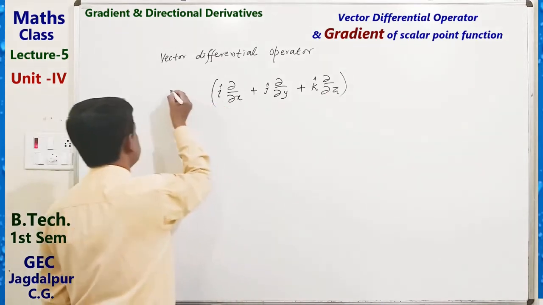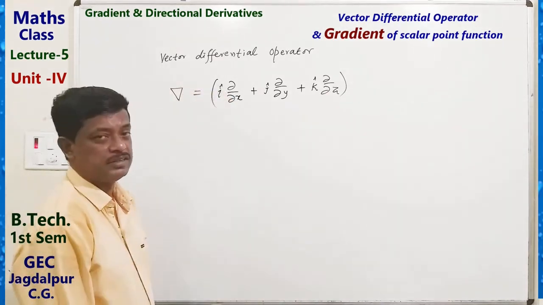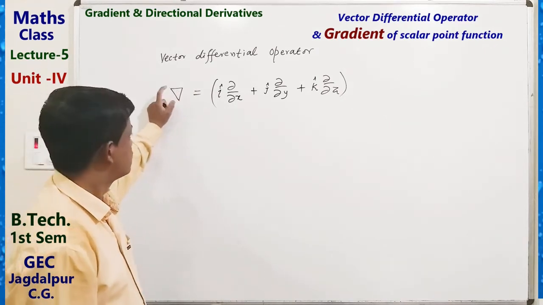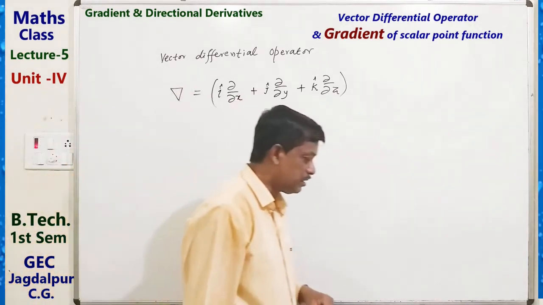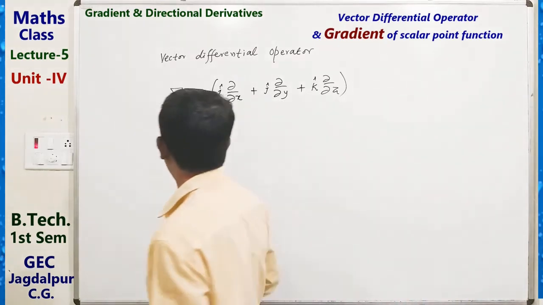Note down, this is denoted by del, called del or nabla. So the del operator is our vector differential operator, denoted by this symbol.